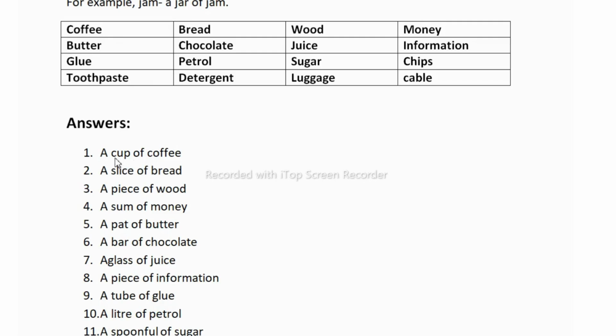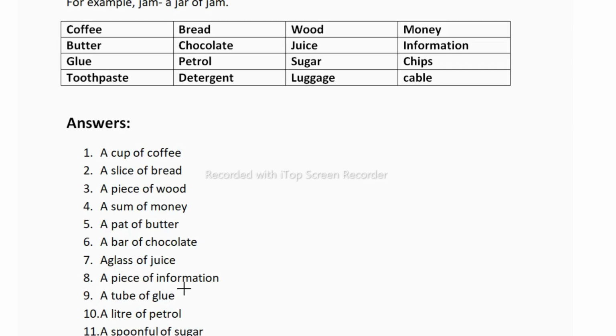So by adding a countable noun to an uncountable noun, we can quantify it. A cup of coffee. Second one, a slice of bread, a piece of wood, a sum of money, a pat of butter. Sixth one is a bar of chocolate, or you can also say a piece of chocolate.